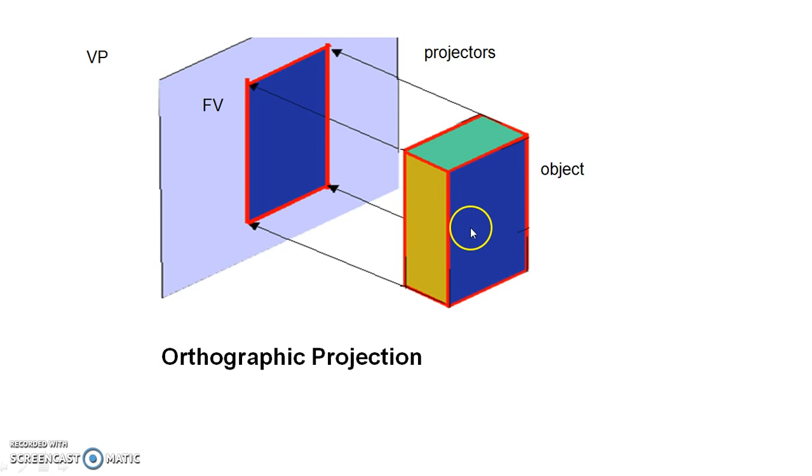Looking from this front side, the view is obtained on this plane, and that's why this view is called the front view of this object. These are the projectors. These are parallel to each other and perpendicular to the plane of projection. And that's why this method of obtaining projection is called orthographic projections.